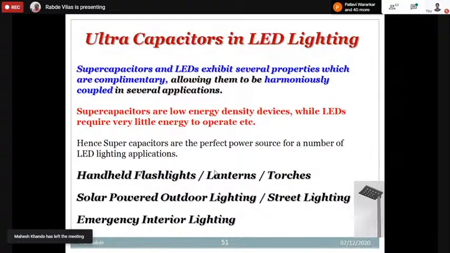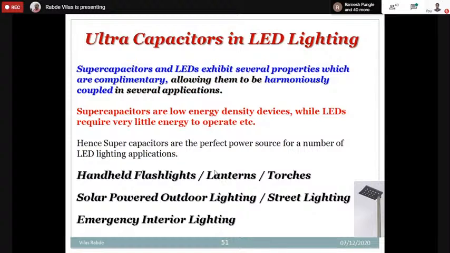LED lighting is another area where supercapacitors are now being used. Supercapacitor based emergency lights are also available. One was produced by my company under the Science and Technology Park, Pune University, and we distributed more than 15,000 lamps in Adivasi areas, wherever there was nothing for learning and studying for the Adivasi children.